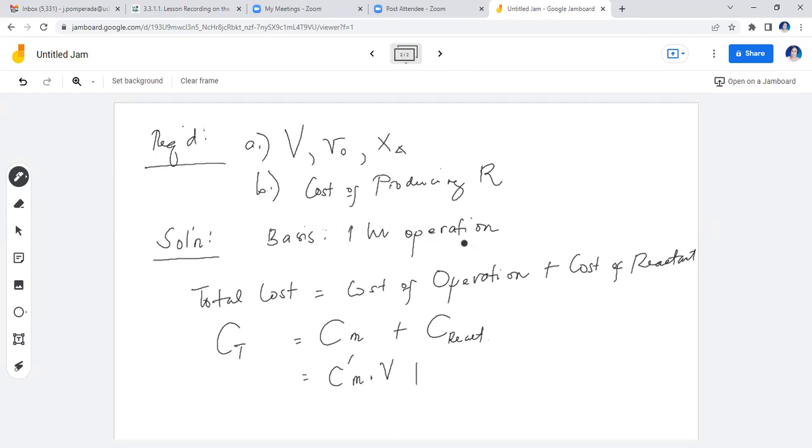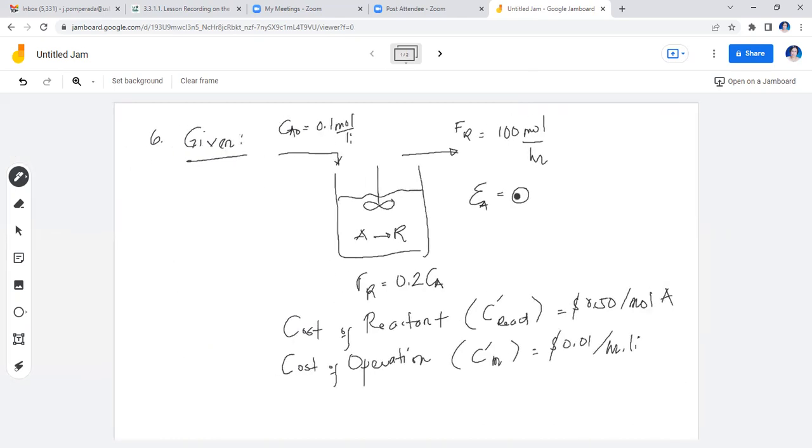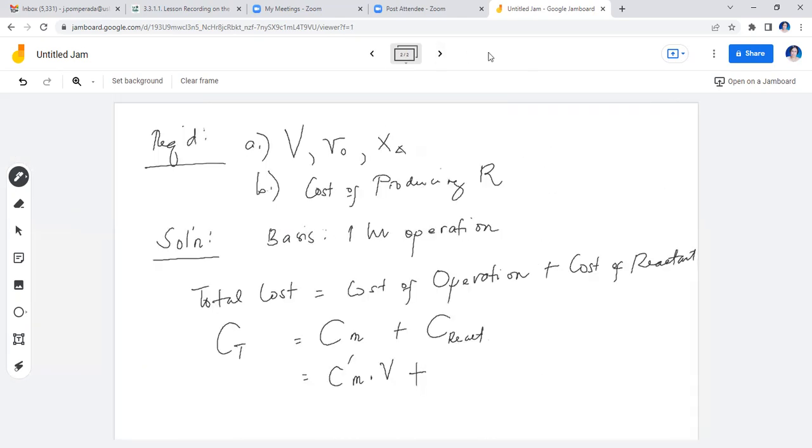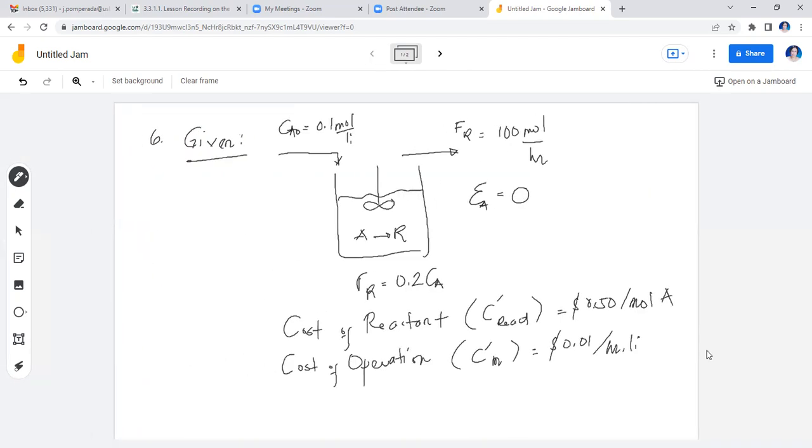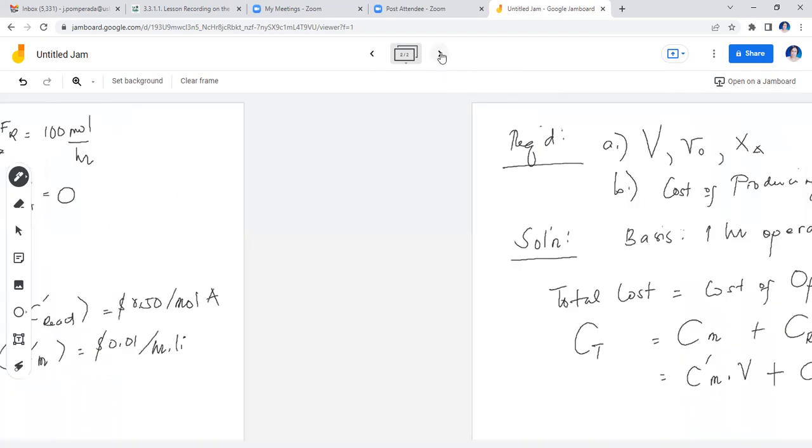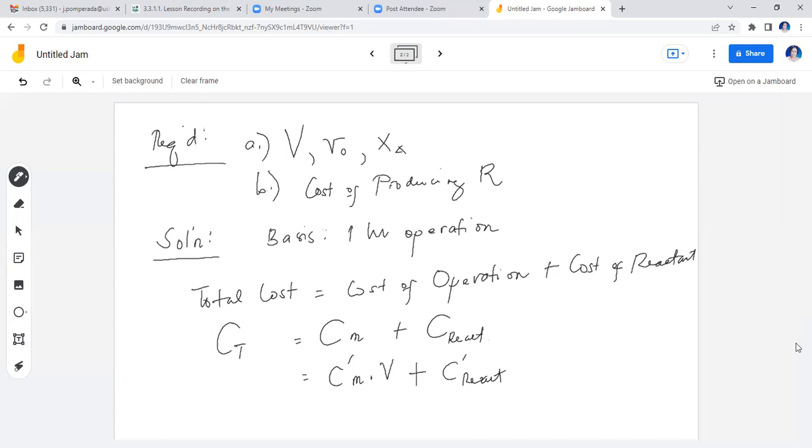Now we go to the second. The cost of the reactant, we have this one here, the C prime react. The cost of the reactant has the unit 0.50 per mole of A. As such, it needs to be multiplied with the mole of A, and the mole of A will be taken from the molar feed rate.